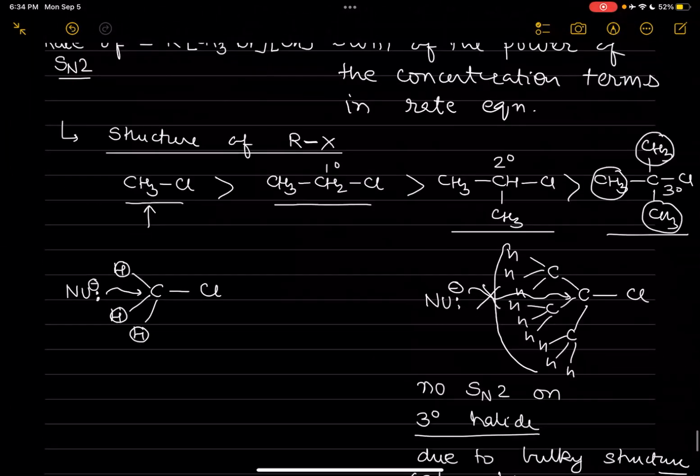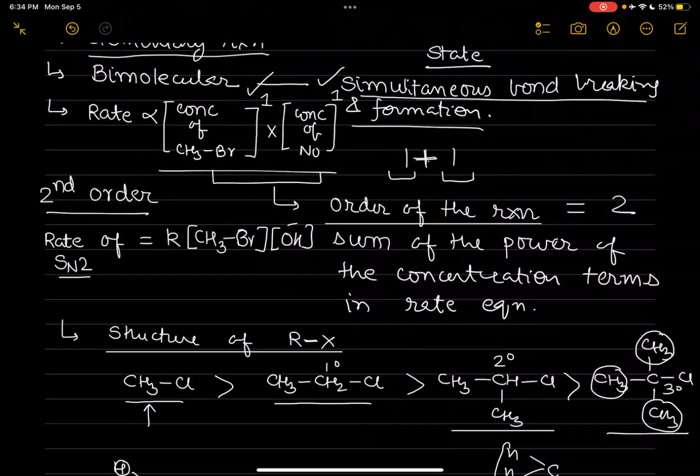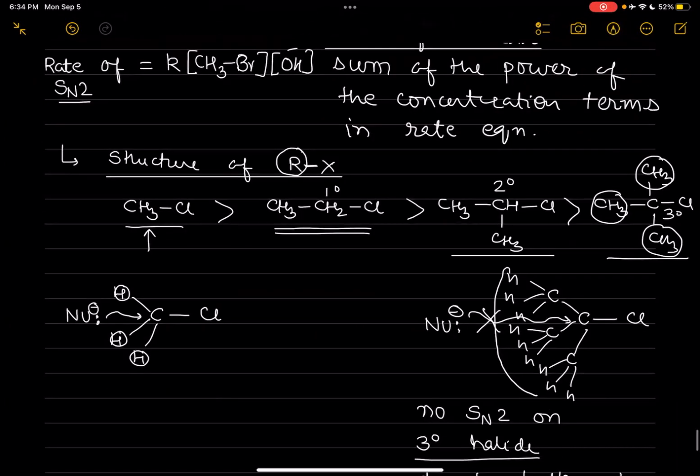So SN2 reaction, where it can happen, is controlled by the structure of the substrate. The substrate is the molecule on which the nucleophile is attacking. SN2 is controlled by the structure of R. As you have more and more bulkier groups, more branched carbon, the SN2 is not going to happen.